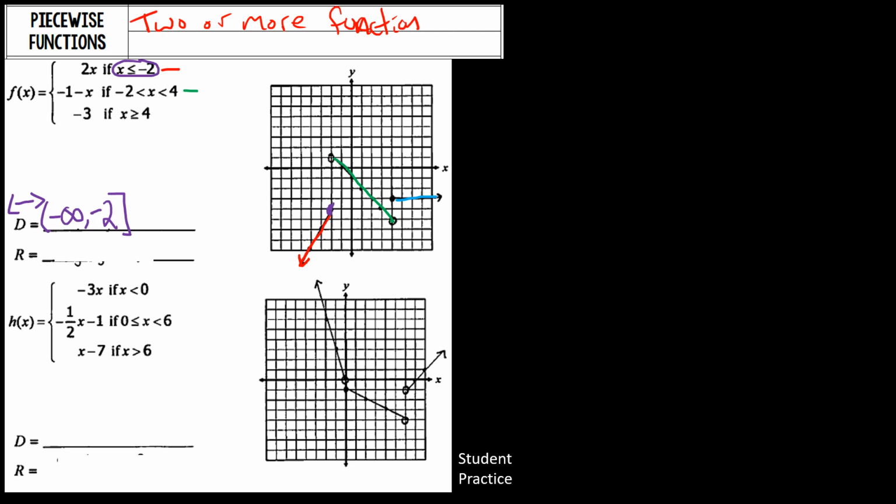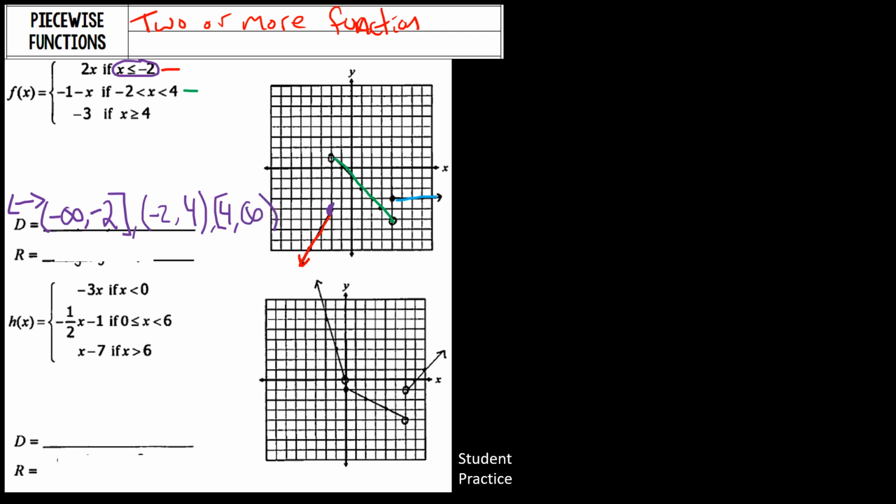Well, we know it picks up at -2 here on the green line. And that's the parentheses because it's not inclusive. And it goes all the way on till 4. And it's also open, so it's not inclusive. And then it picks up here on the blue line at 4. It touches 4. We know that because it's greater than or equal to 4. And then how far to the right does it go? We see that arrowhead going forever.